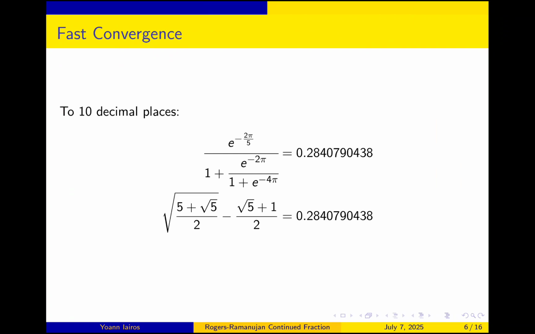First of all, before getting into the matter, let me just note that this result is believable, because if you just truncate the continued fraction to the term e to the minus 4 pi, then it converges very fast, because even then, to 10 decimal places, the result agrees with what is claimed.